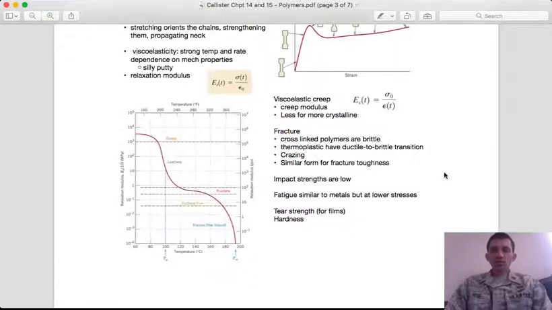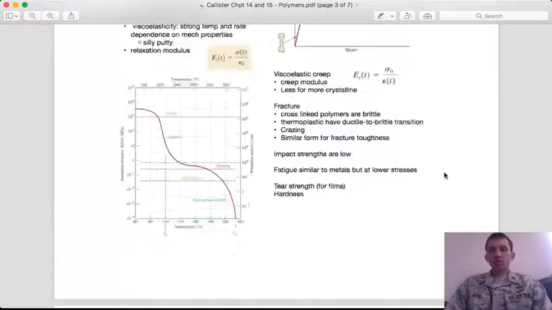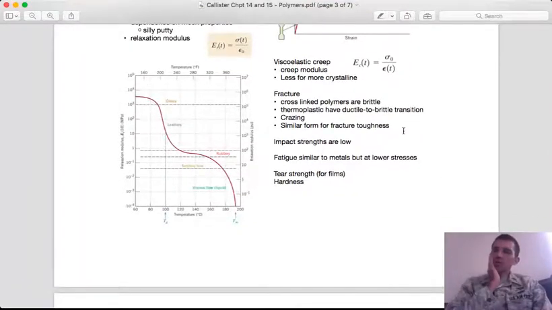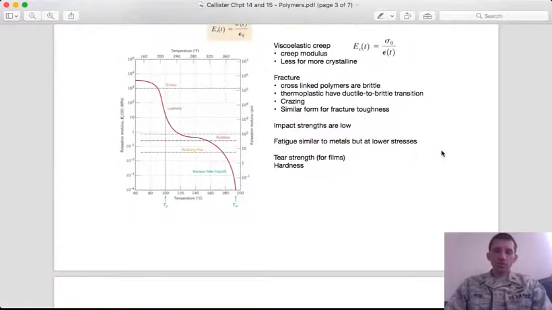We can also describe polymers with the same fracture toughness model that we used before. The only difference being that the actual values for fracture toughness will be about 2 orders of magnitude less than what we would see for metals.